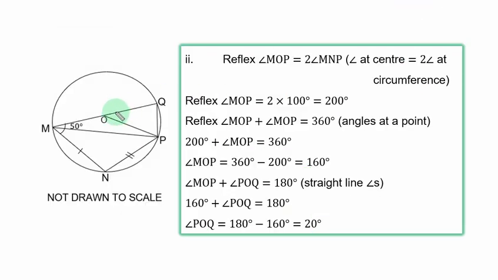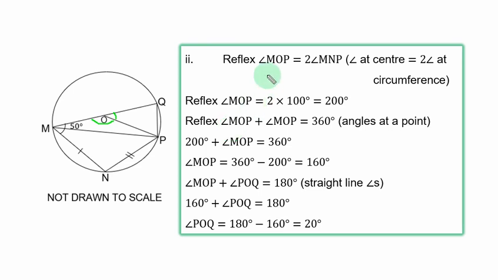Roman figure 2. For us to get angle POQ, you need this obtuse angle, and that can be obtained when you get the reflex angle. We have the reflex angle, so we start with that.